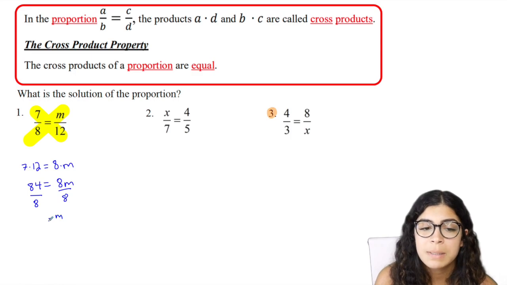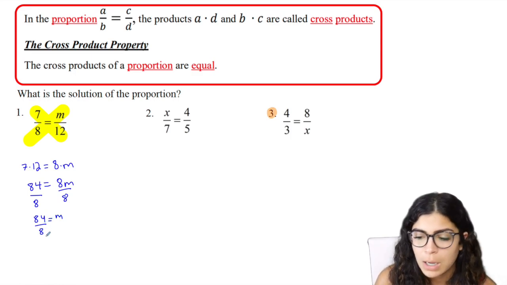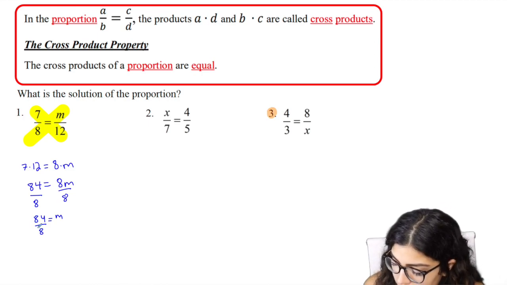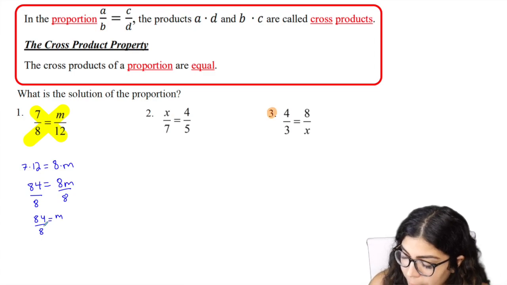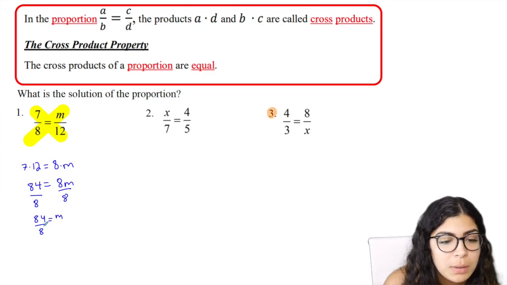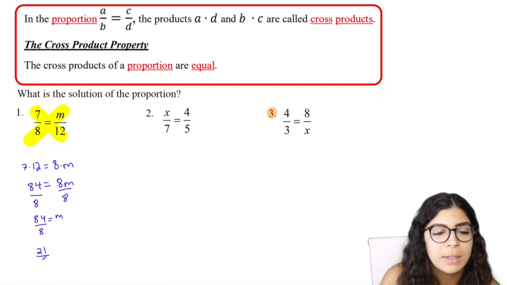And of course, this can be simplified, so we want to simplify by dividing the GCF on top and bottom. 84 divided by, we want to divide by 4, which is 21, and then 8 divided by 4 is 2. So we end up with 21 over 2, and we leave it as an improper fraction.